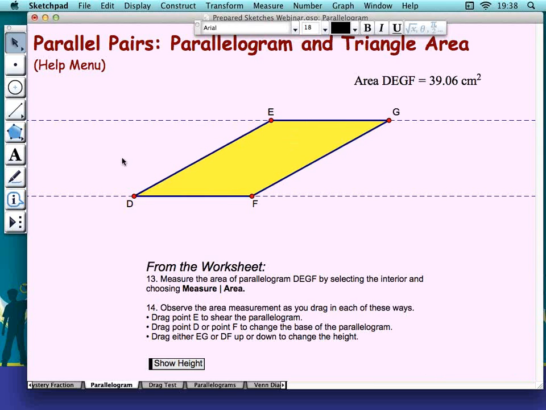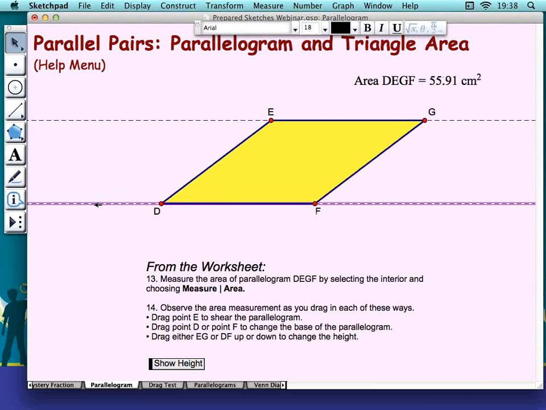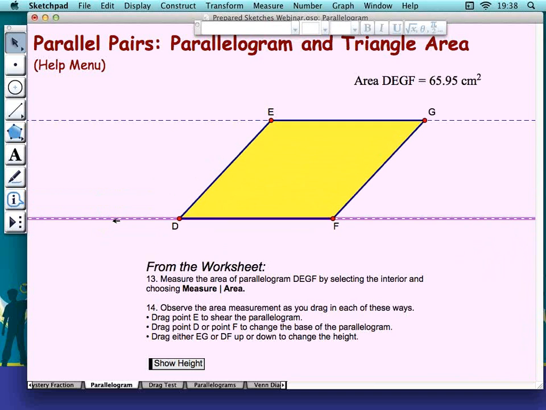We can drag point D or point F to change the base. If we make the base longer, the area gets bigger. By dragging either D or F, we have similar results, although D changes the shape and F only changes the width. Those are differences, but they still both change the area. And we can also drag the parallel lines up and down.